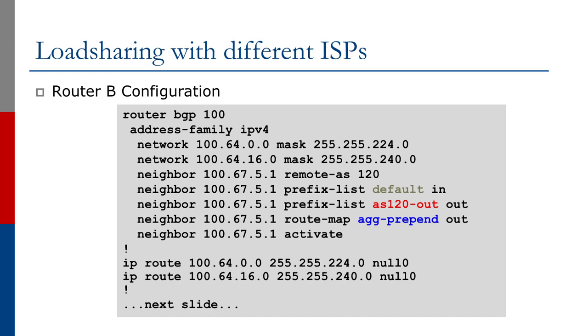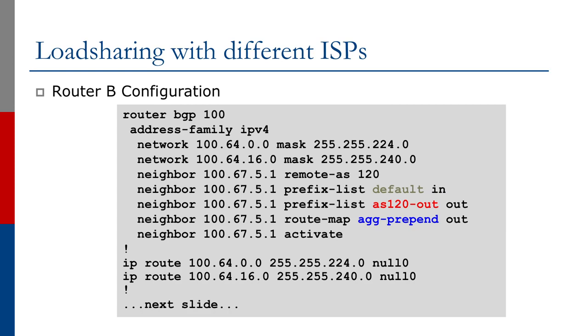So let's look at the prefix lists and the route map. First off, the prefix list AS120-out allows the /19 aggregate out, as well as one of the /20s. So all traffic for that /20 will come in through AS120. The traffic for the other /20, so the other half of the entire aggregate, will be balanced between AS110 and AS120.